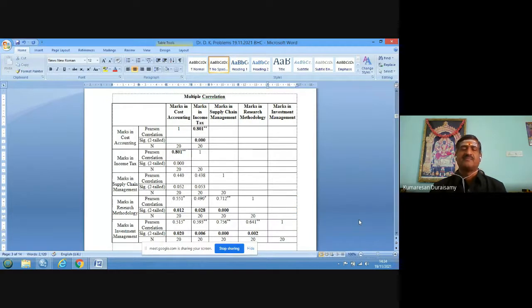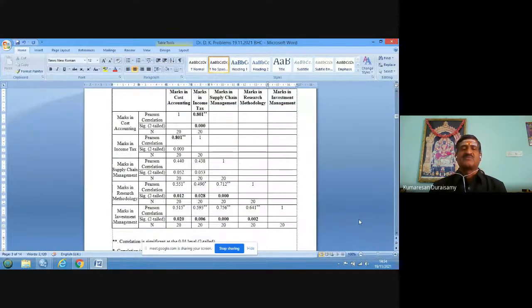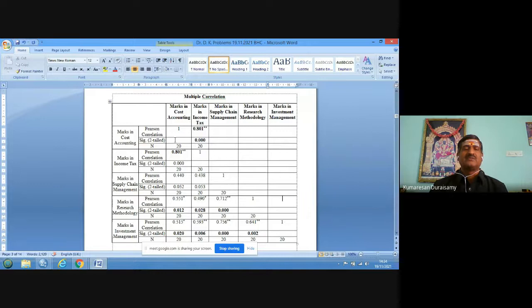It is for your easy understanding. Now cost accounting is tested with income tax, supply chain, research methodology, and investment management.